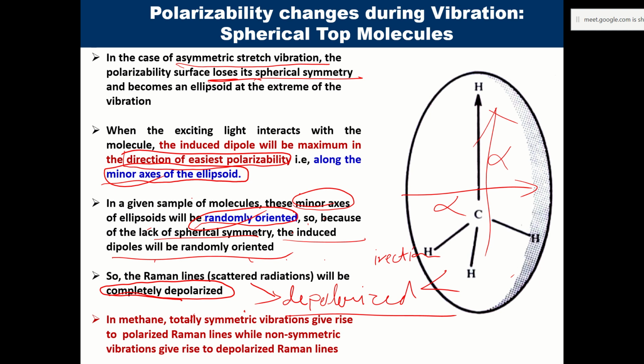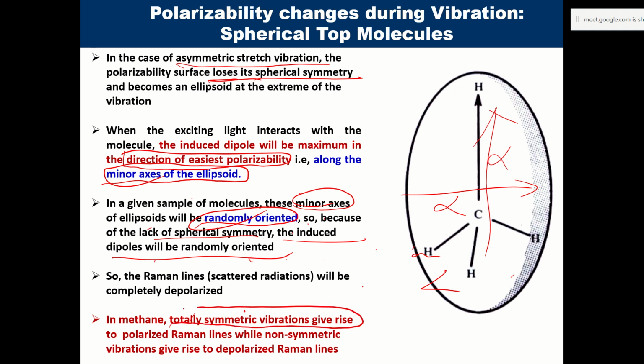And so the conclusion here, taking the example of methane, is that the totally symmetric vibrations, such as the previous one where you have a spherical ellipsoid, give polarized Raman lines will be observed, whereas non-symmetric vibrations such as asymmetric stretching, the one we have just discussed, will give completely depolarized Raman lines.